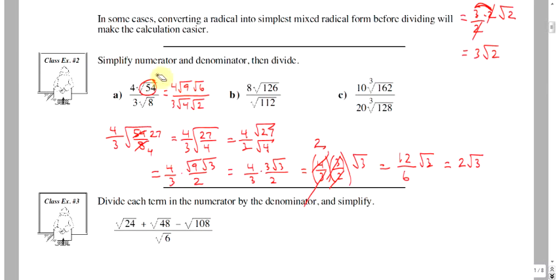Okay, I didn't change it. This is 4 times root 54. This is 3 times root 8. Well, what's 4 times 3? 12 root 6. What's 3 times 2? 6 root 2. Okay.